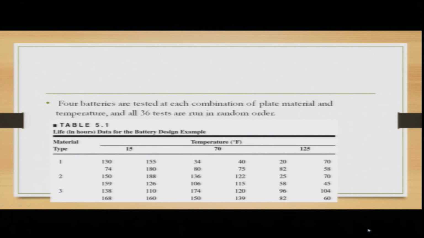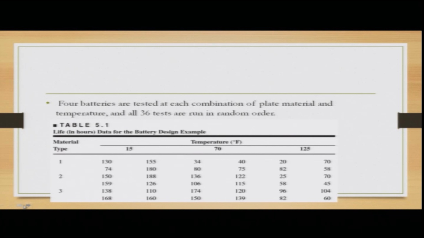So the combination at temperature 15 for type 1 is 130, 155, and then the next values are 74, 180. If you read the values in the first column corresponding to 15 degrees, I have already read one, and the second value would be 74. I will just try to highlight the first column to make it a little more relevant.